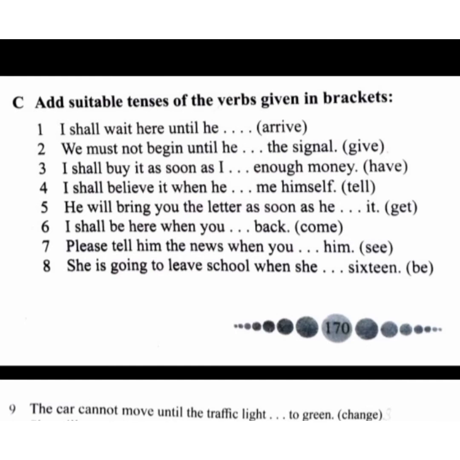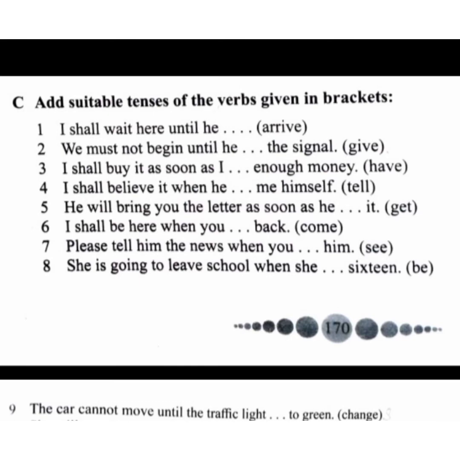So in all the sentences, the subordinate clause should be in present tense, if the principal clause is in future tense. Okay. I shall buy it as soon as I have enough money.